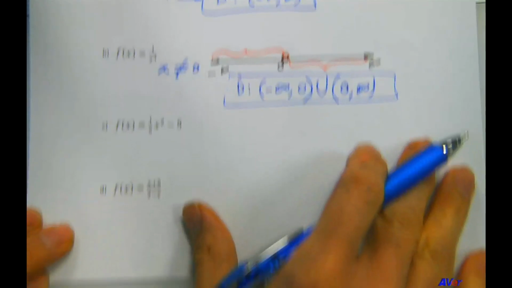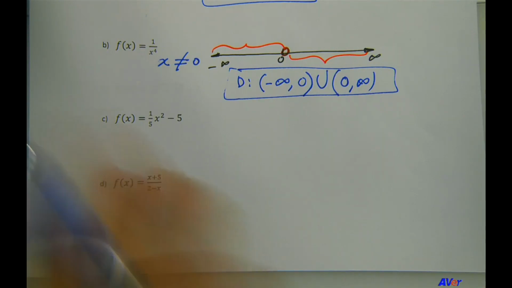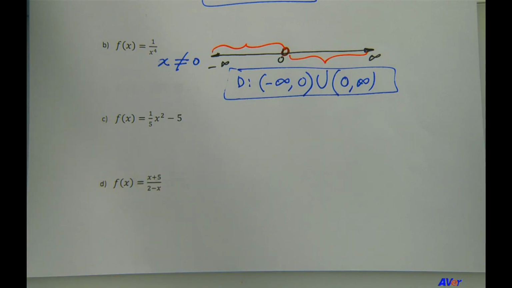Okay. Looking at this, is there any x value that this function cannot take? Can you think of any x value? Or can you not only think, but can you show mathematically if there is an x value for which this function cannot exist?